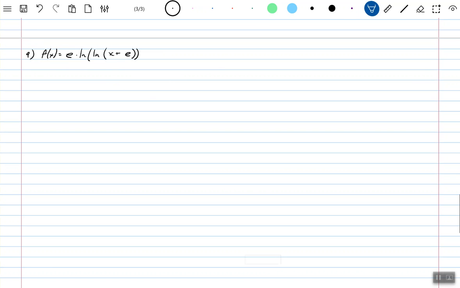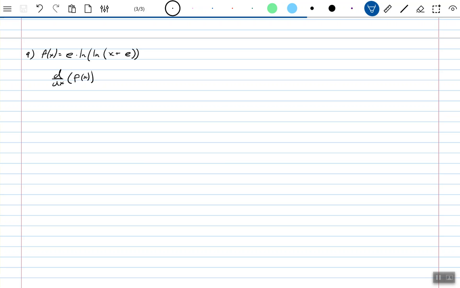All right. Given the function f of x is equal to e times the natural log of x plus e, we want to find the derivative with respect to x of f of x. Now, the trick to this one is to not panic. I know that one looks weird. We got that e out in front times the natural log of something else. It's kind of scary.